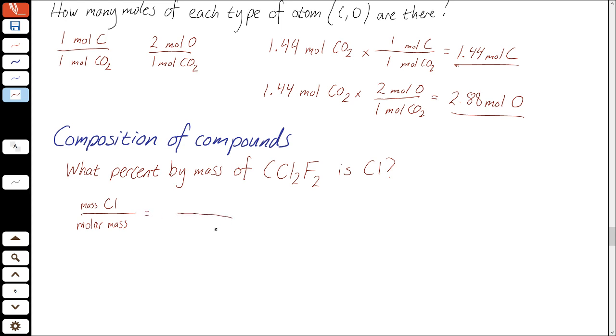The molar mass is, let's do that separately over here. So we've got 12.01 plus 2 times 35.45 plus 2 times, is that 18? 18.99.